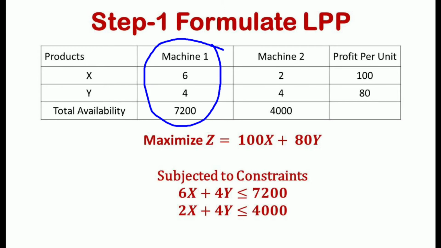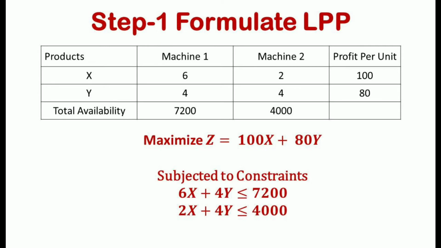So the total availability of time under machine 1 is only 7,200 hours per month. So this can be represented mathematically as 6x plus 4y less than or equal to 7,200. So 7,200 is our maximum available time under machine 1.